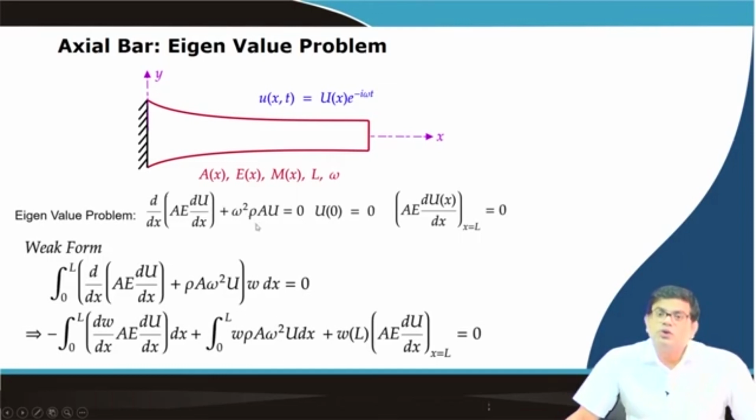Here I also discarded the damping term. You can also include the damping term, but that will just involve the velocity. But here the mass matrix will pop up, and this omega is essentially the natural frequency of the system. So the objective is to find out u(x).